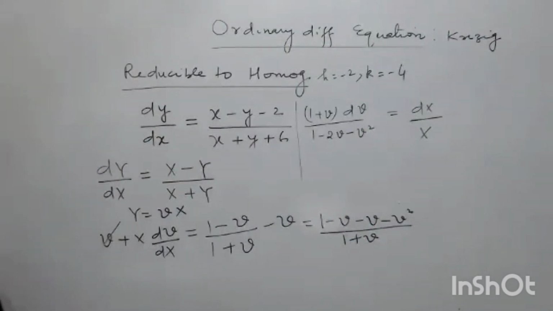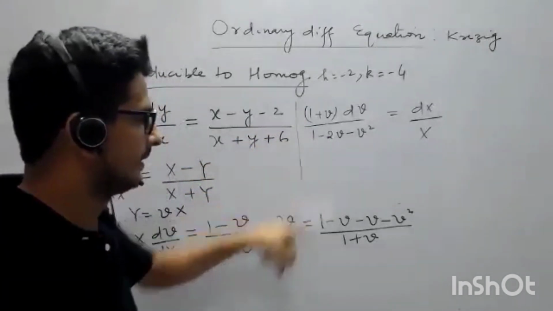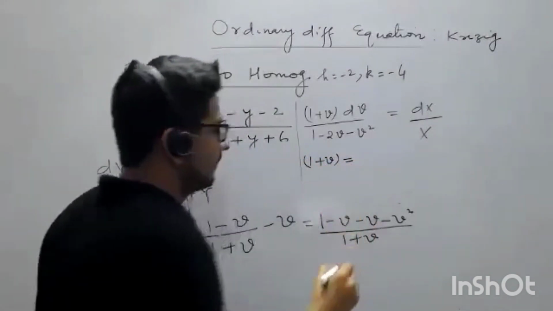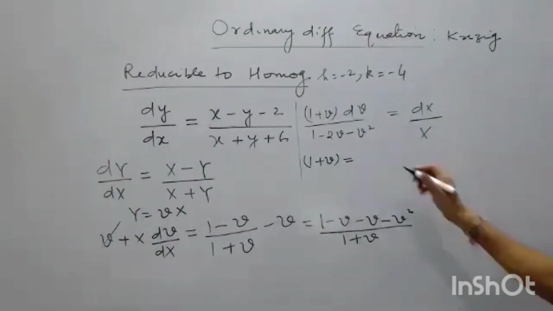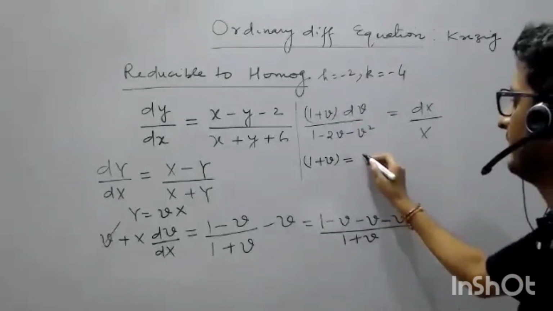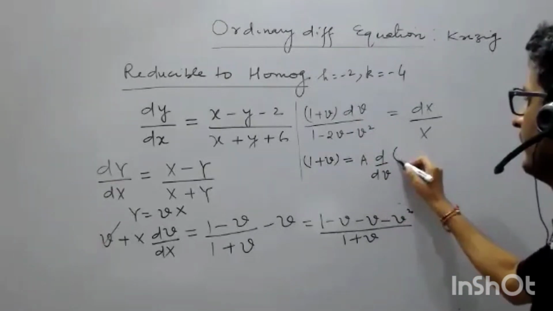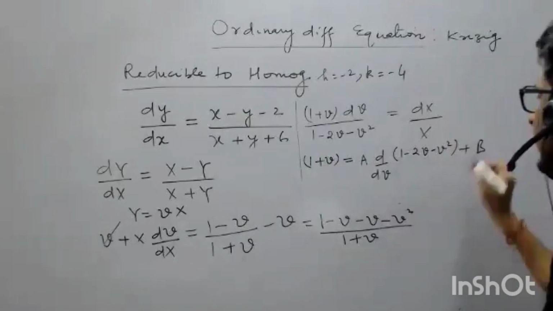Now you have to integrate it. So you can put the value of this as a derivative of this. Remember this method? 1 plus V is equal to, what you will write? You will write this as some A times d by dV of 1 minus 2V minus V square, plus B. Write it in this form.